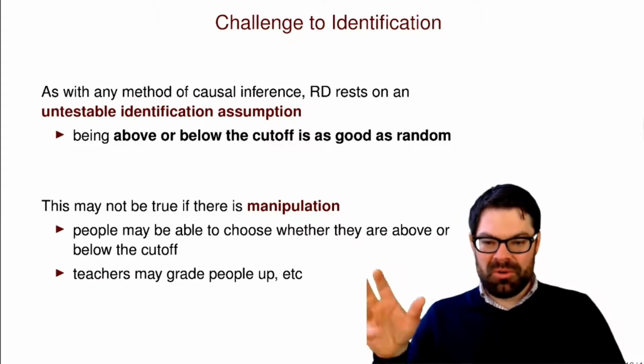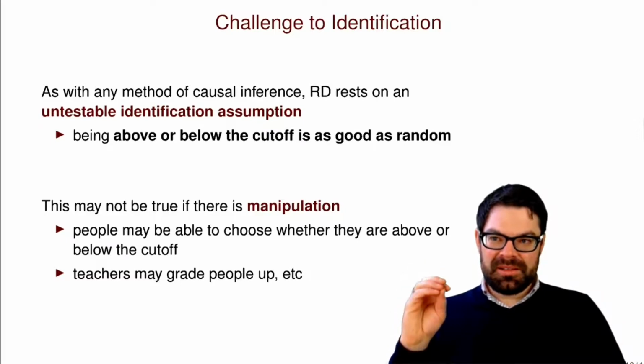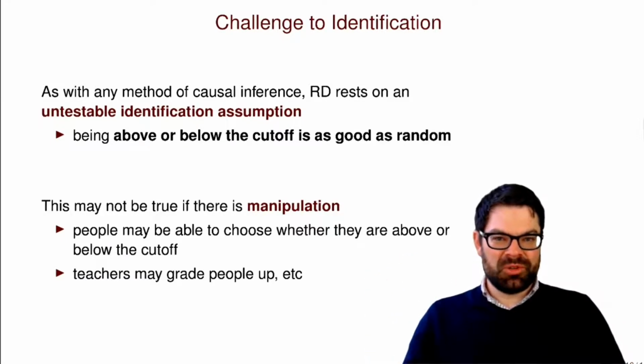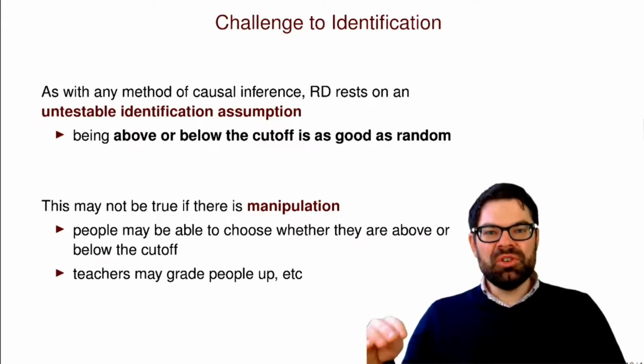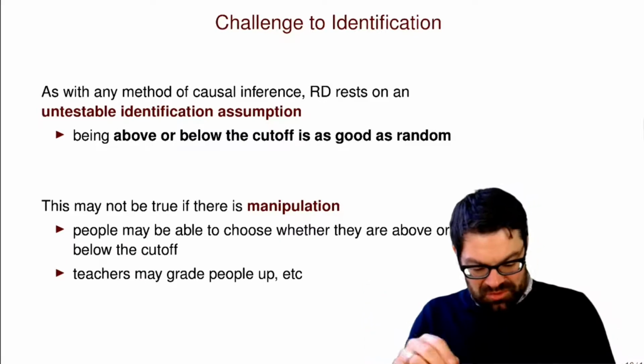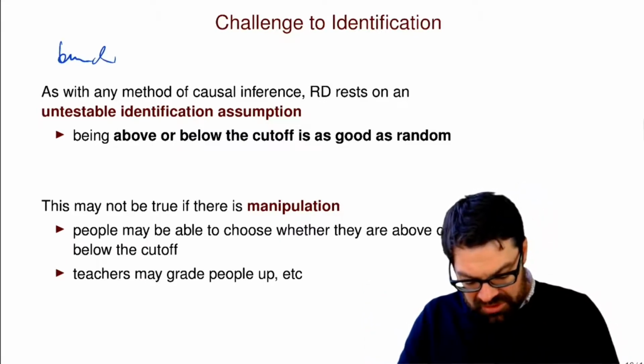can be manipulated or not. If it cannot be manipulated, you're in safe RD territory. If you see huge manipulation in the data, then you should go to a very different type of estimator, namely the so-called bunching estimator.